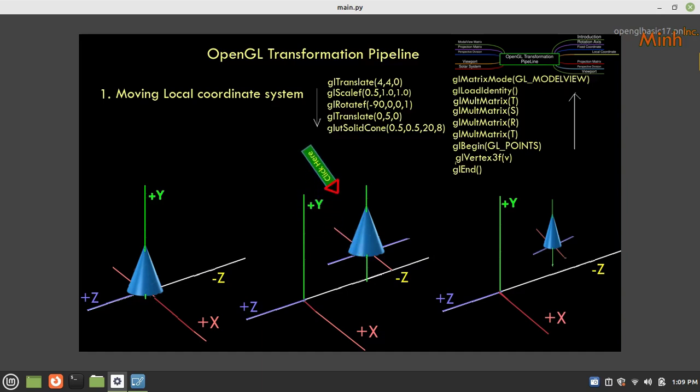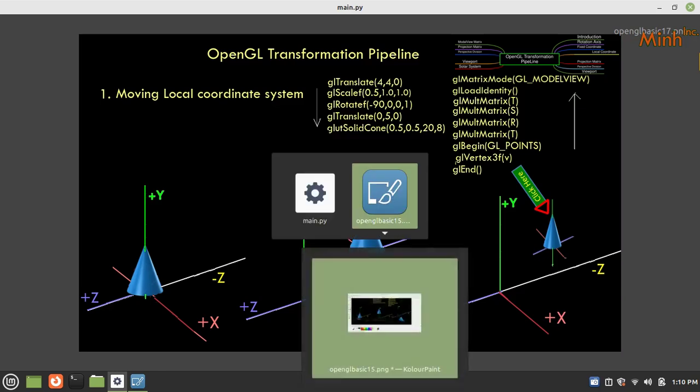So first it translated 4, 4. Now it would scale 0.5, 1, 1. So it is scaled in X direction, Y direction, and Z direction. Now if I move in the x direction, the scaling would take effect because the local x-axis is scaled. Okay, so the diagram should actually be like this.